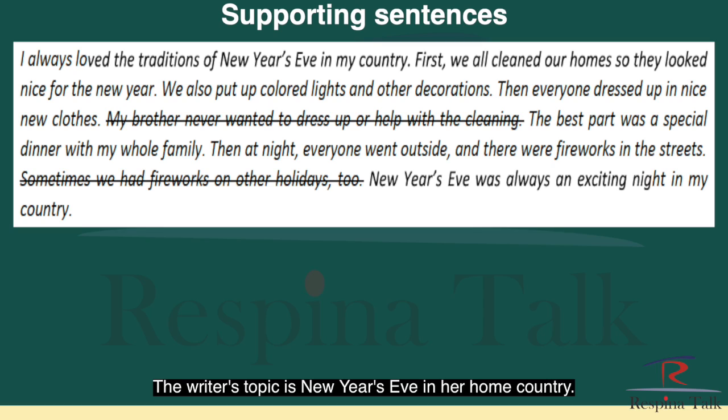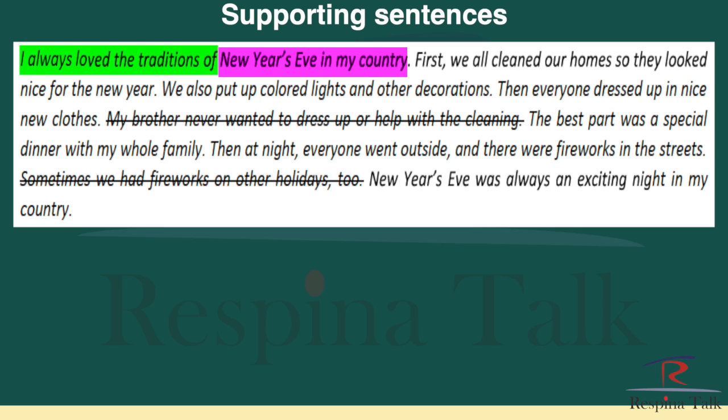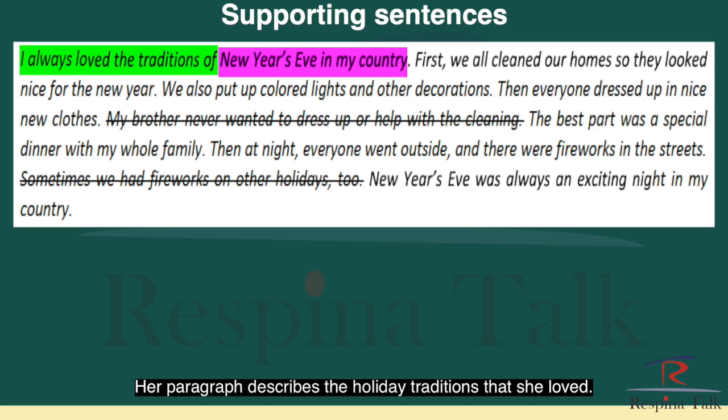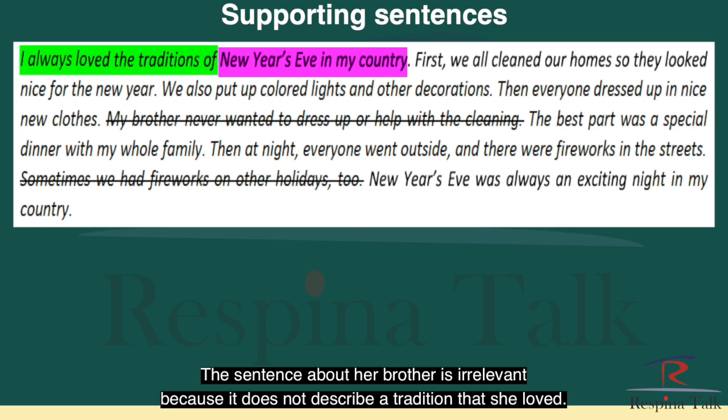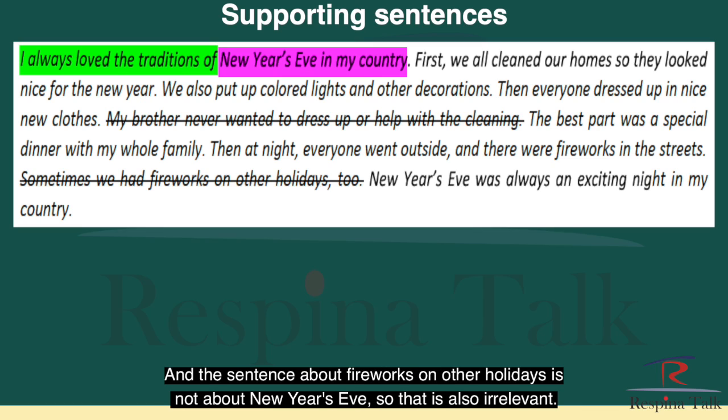Now, the writer's topic is New Year's Eve in her home country. Her paragraph describes the holiday traditions that she loved. The sentence about her brother is irrelevant because it does not describe a tradition that she loved. And the sentence about fireworks and other holidays is not about New Year's Eve, so that is also irrelevant.